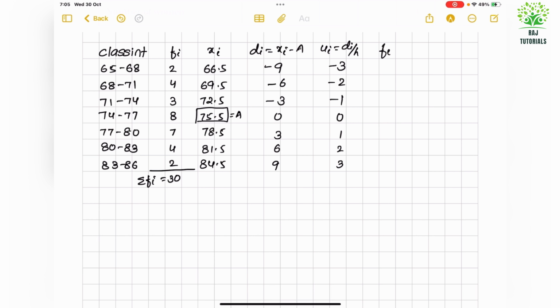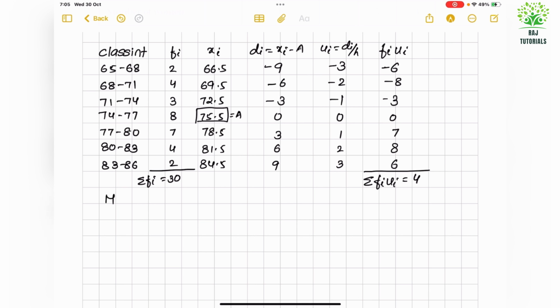Then fi ui. So minus 3 into 2 will be minus 6, then minus 8, then minus 3, 0, 7, 8 and 6. So if I do sigma fi ui, I will get 4.